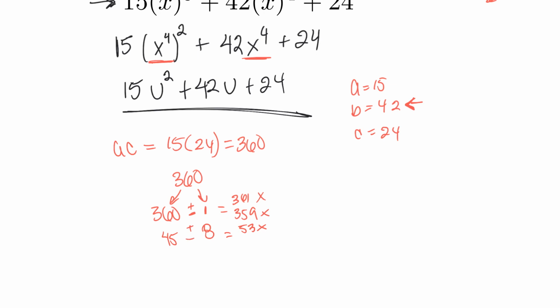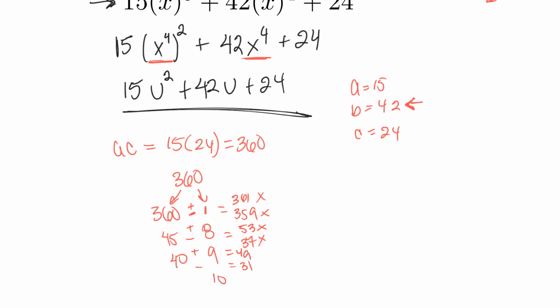And if I subtract 45 minus 8, 37. No, that's not good either. So let's keep trying. Let's try 9. To what number do I have to multiply 9 to get 360? To 40. If I add, I get 49, and if I subtract, I get 31. No good.